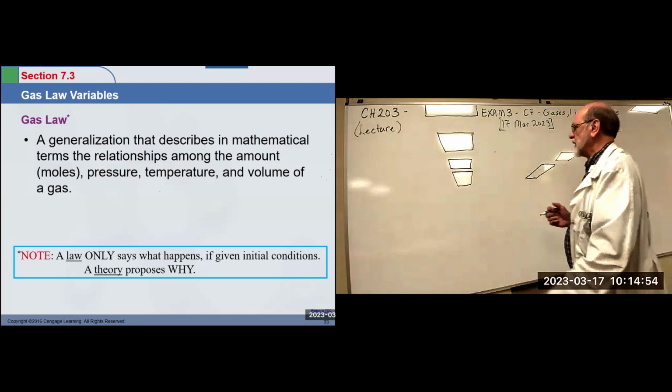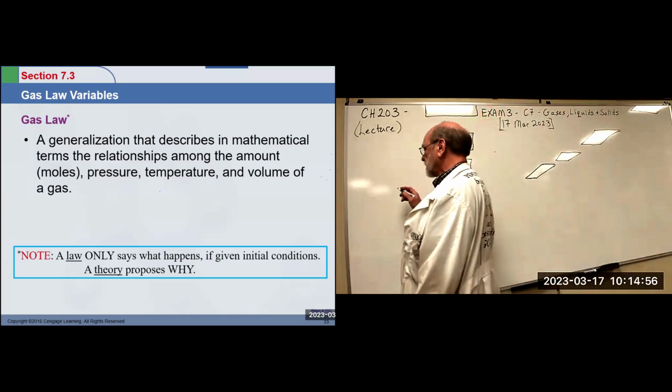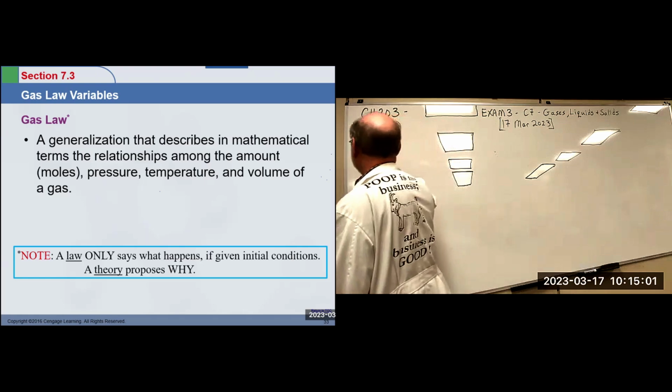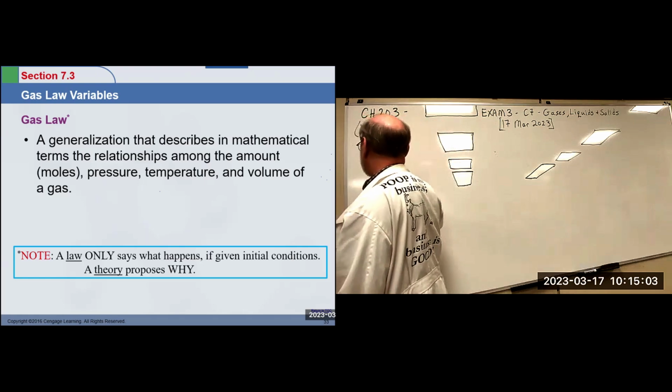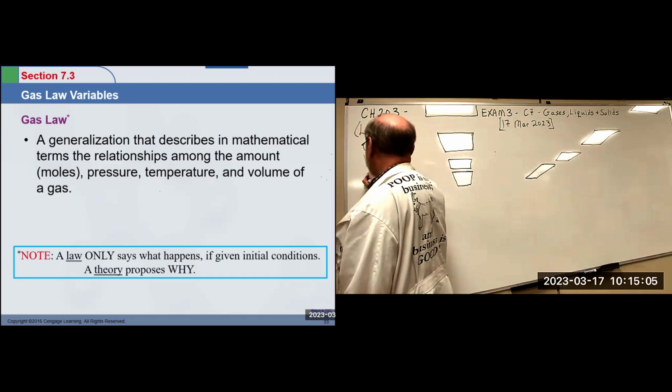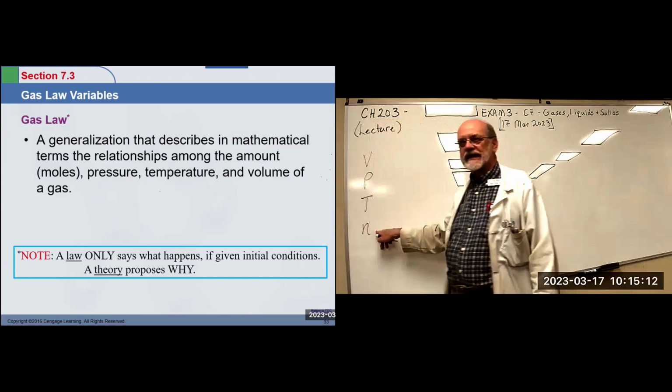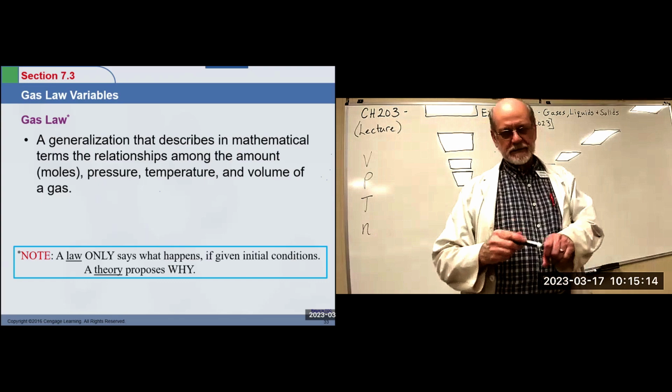Now, in order to describe a gas completely, in physical terms, we need 4 terms. We need to know quantitatively its volume, its pressure, its temperature, and how much of it there is. That little n means number of moles.